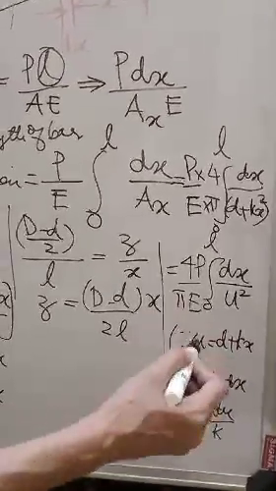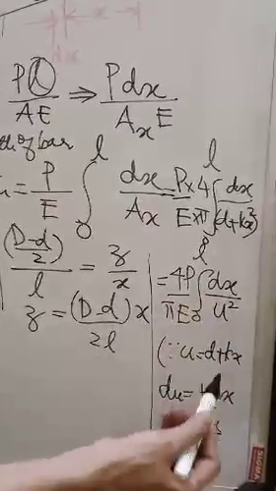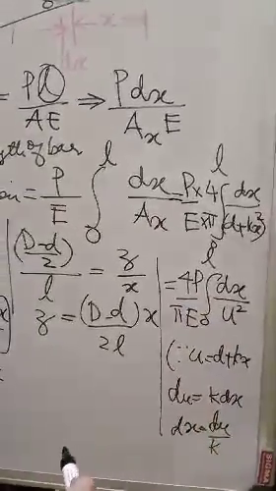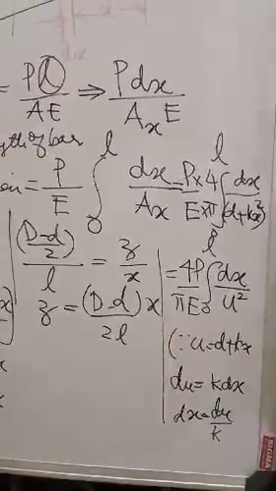You substitute back your d plus Kx in terms of x, and only then substitute the limit as 0 to L.